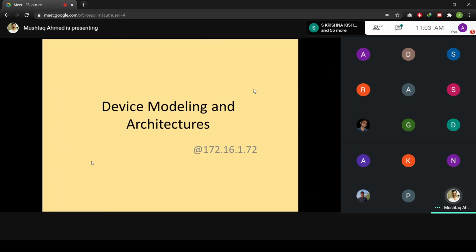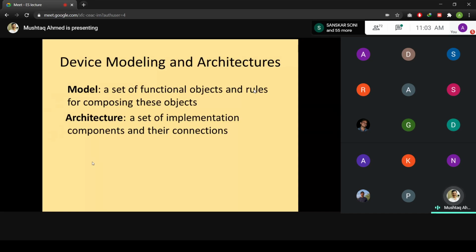So, device modeling is a set of functional objects and rules composing these objects. That means I have different modules for a device, and these modules may be interconnected or may be designed to work independently, but what functions these objects are doing and how I can represent the functionality of these objects, that is what is referred to as modeling.